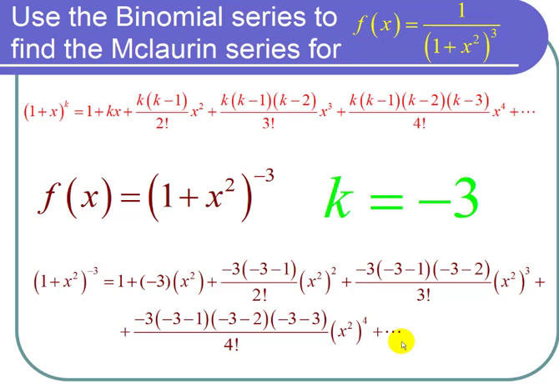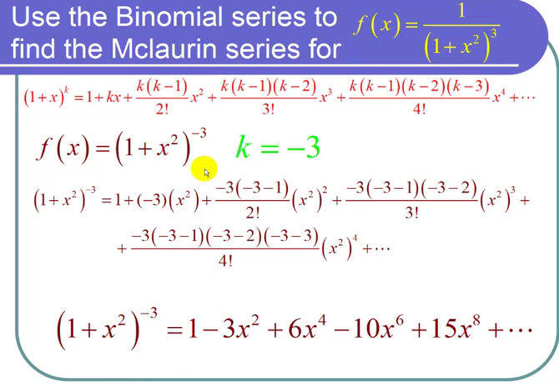So I can simplify all these numbers. Notice that 1 plus negative 3x squared is just 1 minus 3x squared. We have negative 3 times negative 4 is 12 divided by 2 factorial is 6. And (x squared) squared is x to the fourth.